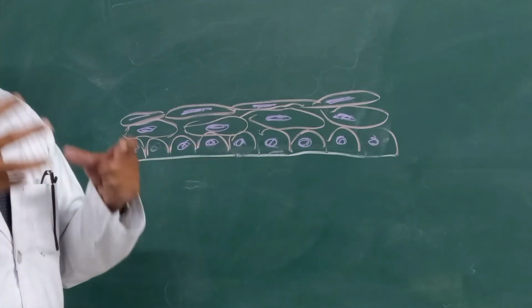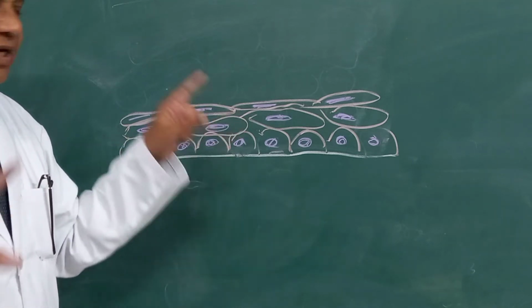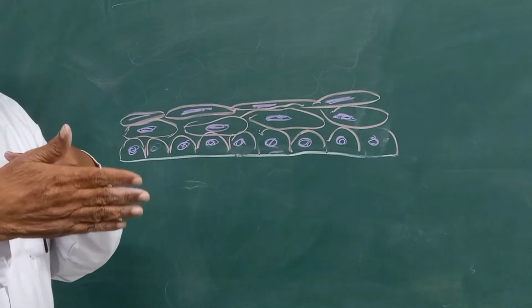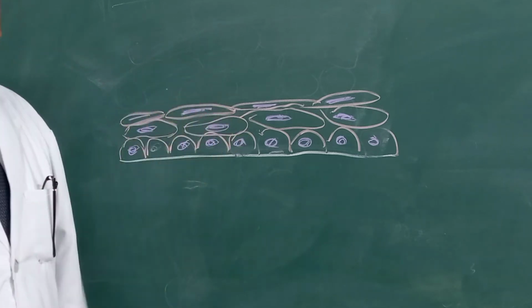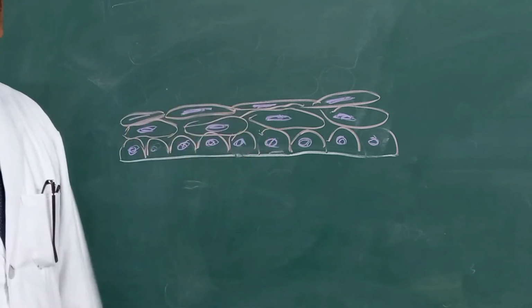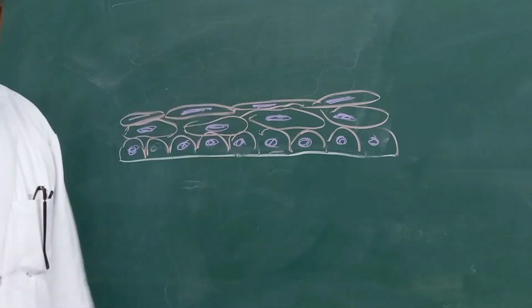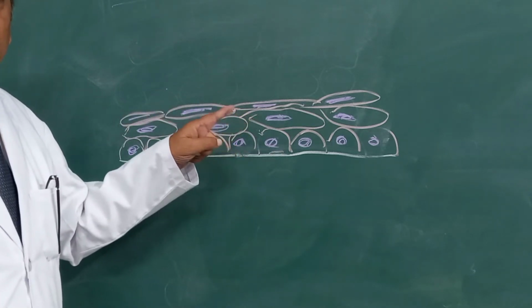Okay, so when the bladder is relaxed, at rest, not stretched, then it has multiple layers, 5 or 6 layers, and the topmost cells are quite tall, quite big, umbrella shaped or dome shaped cells, much more stained with the eosin, they are eosinophilic.